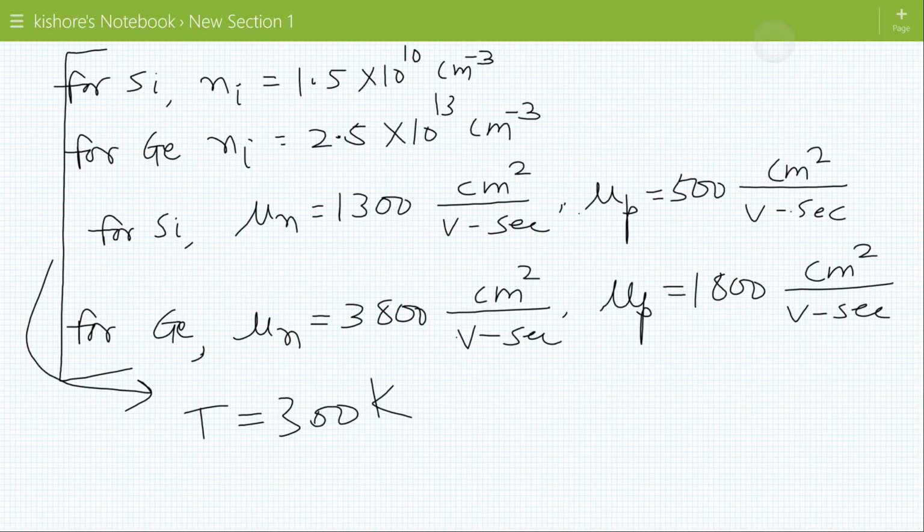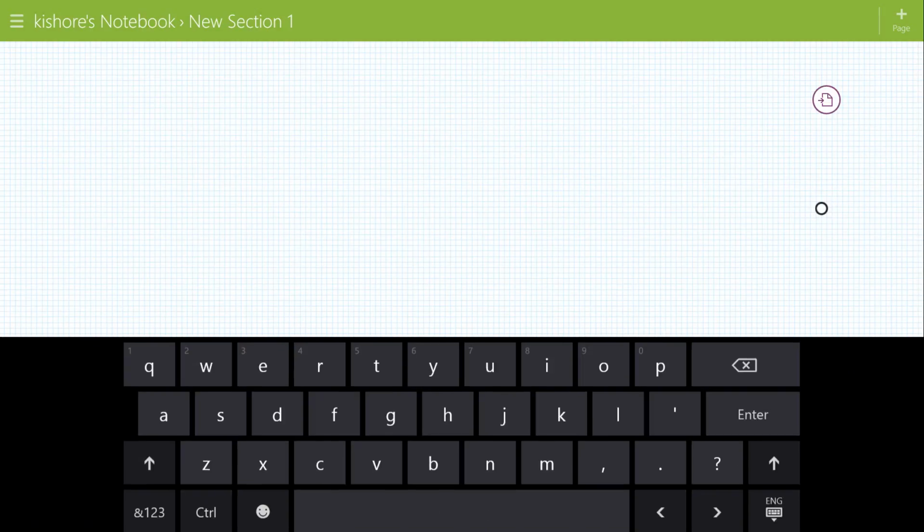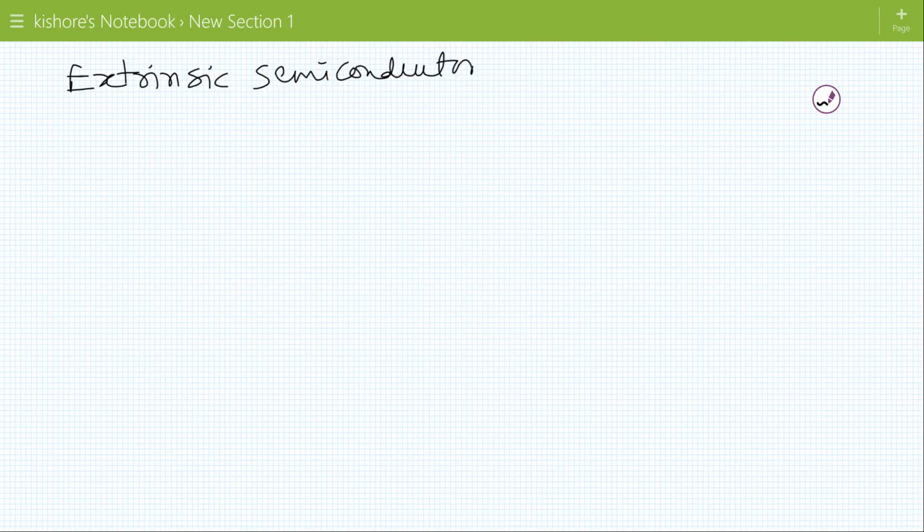Now let us see the extrinsic semiconductor. In case of an extrinsic semiconductor, this is the semiconductor with doping.